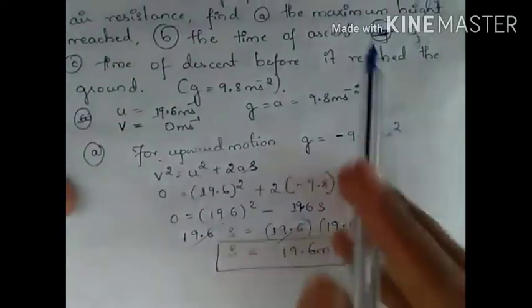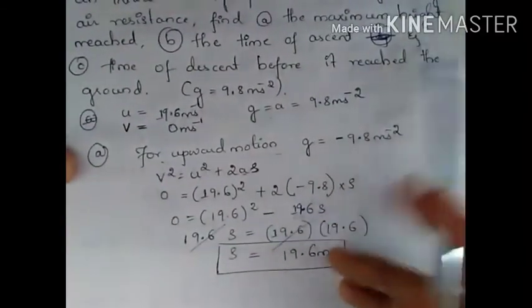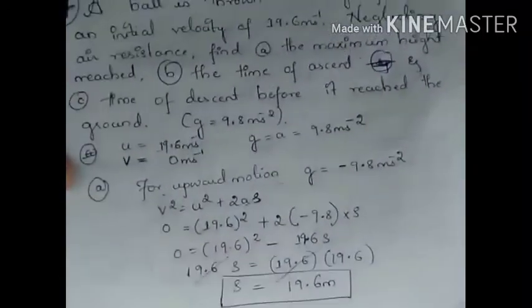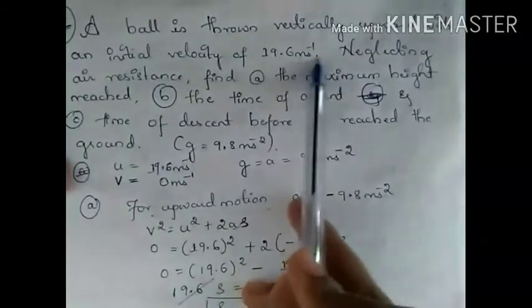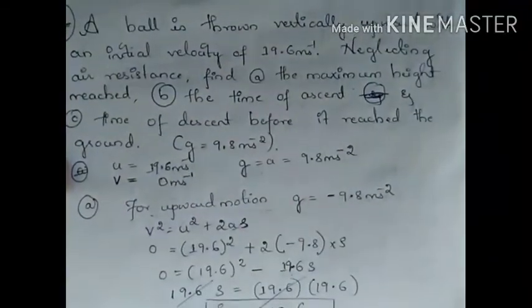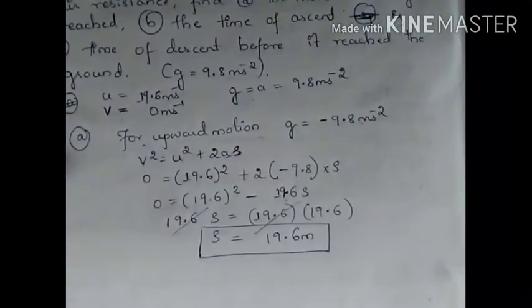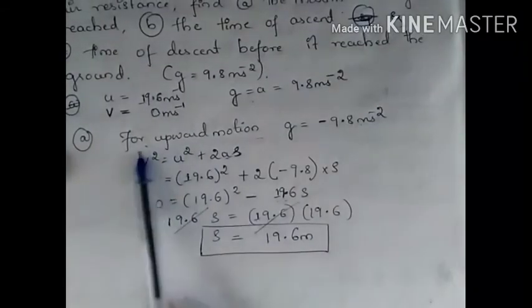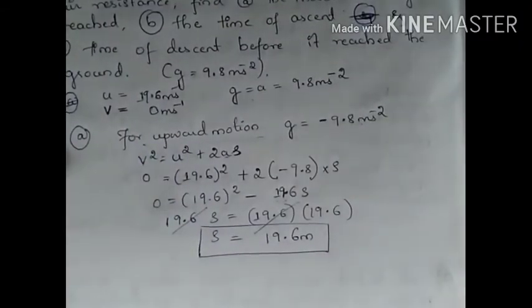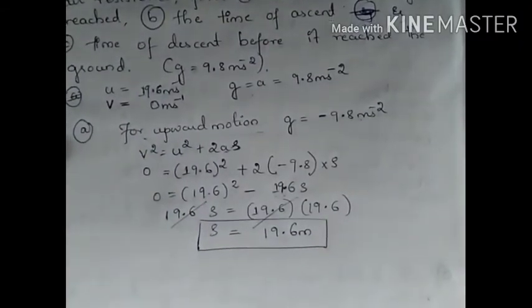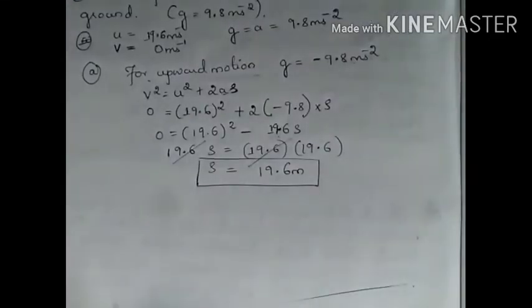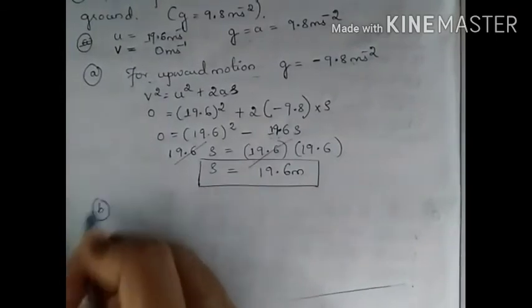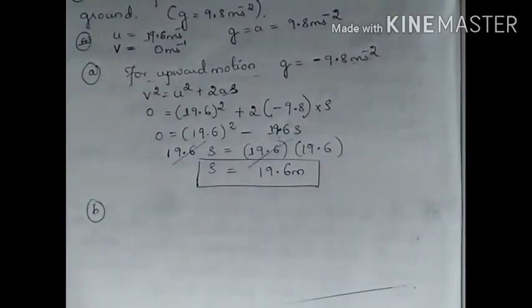So this is the maximum height the ball reaches when it is thrown vertically upward with a velocity of 19.6 meters per second. We used the kinematic equation v square is equal to u square plus 2as to calculate the maximum height. Next, for B, we have to calculate the time of ascent.